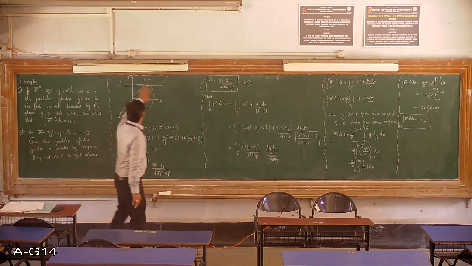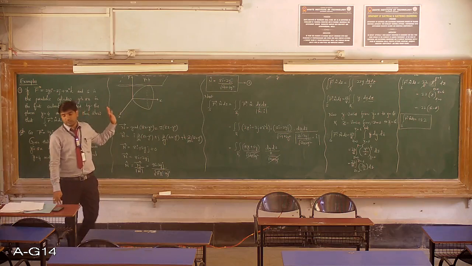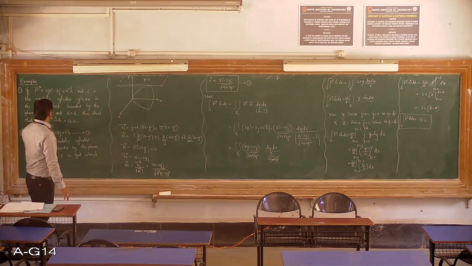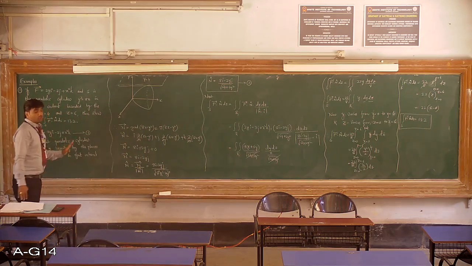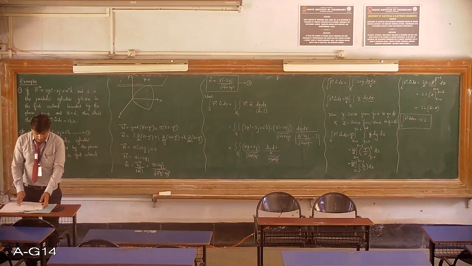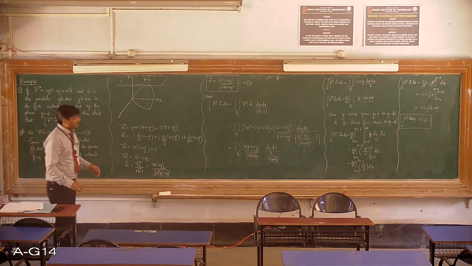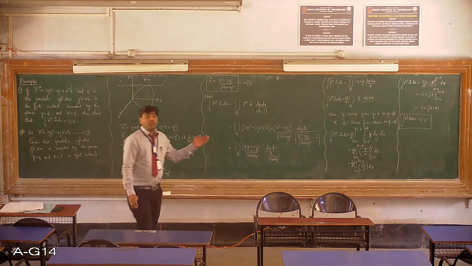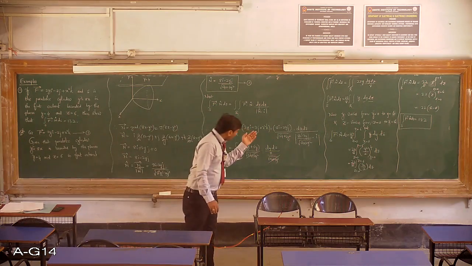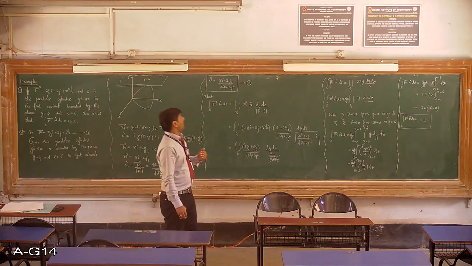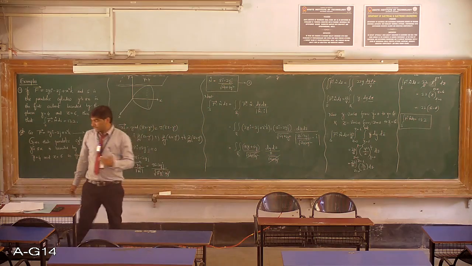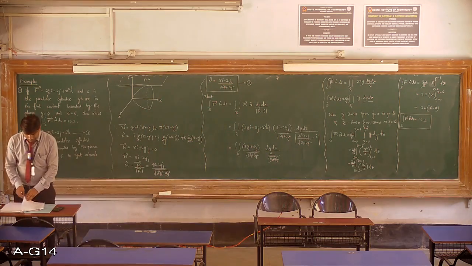But here the geometric understanding is also very important about the given data. If you can analyze these things in terms of geometry, then one can very easily allocate the limits for the given values, right? So now I'll take up the second example.